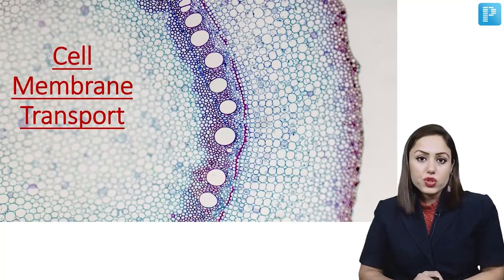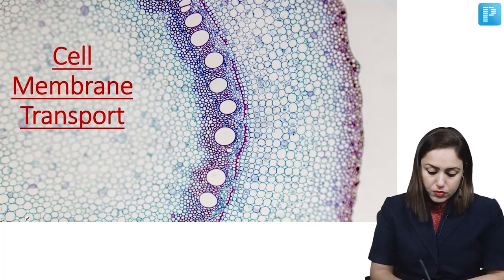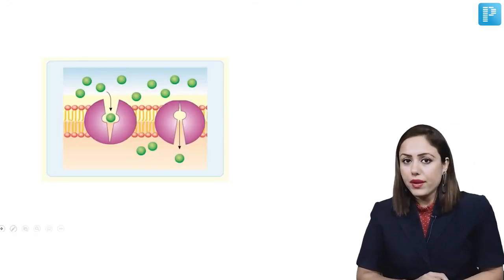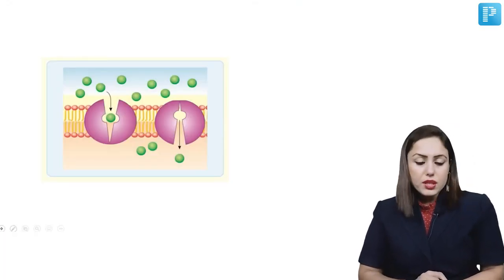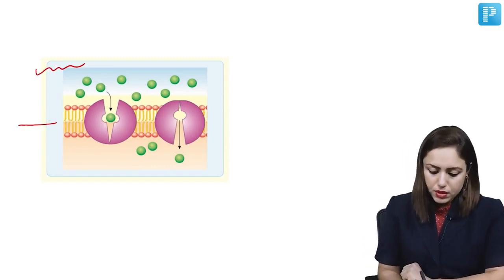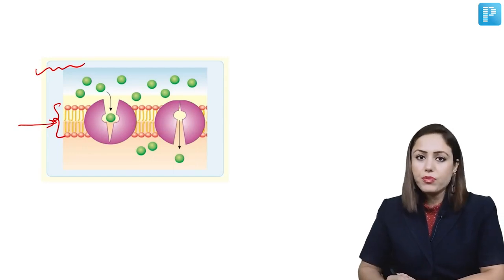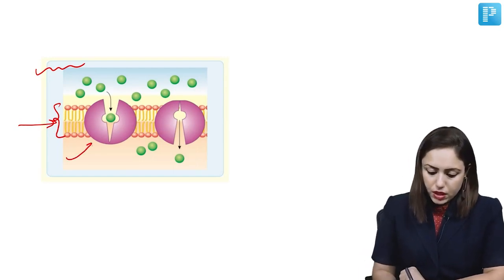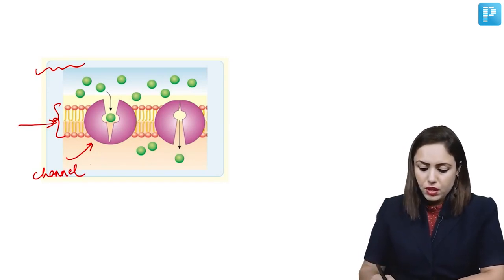Then let's see some images in cell membrane transport, which is a very, very important topic of biochemistry. So you can see this image that on this side of the membrane, see this is a membrane, right? Lipid bilayer membrane. You can see there is a channel present here.